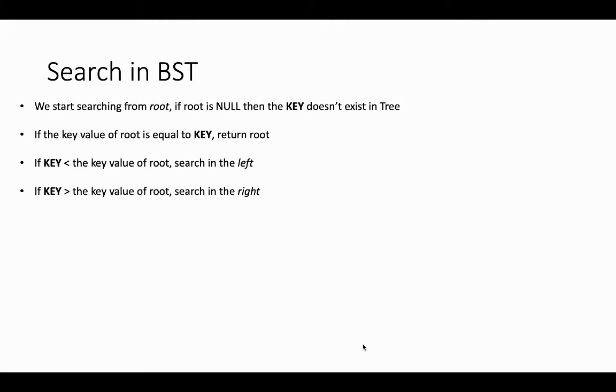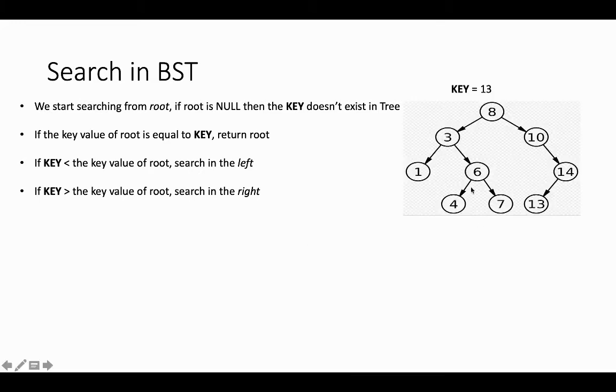If the key value of root is equal to key, then we return root, and if the key is less than the key value of the root, it means our key might be present in the left subtree. Similarly, if the key is greater than the key value of the root, it means our key might be present in the right subtree. Let's look at an example.